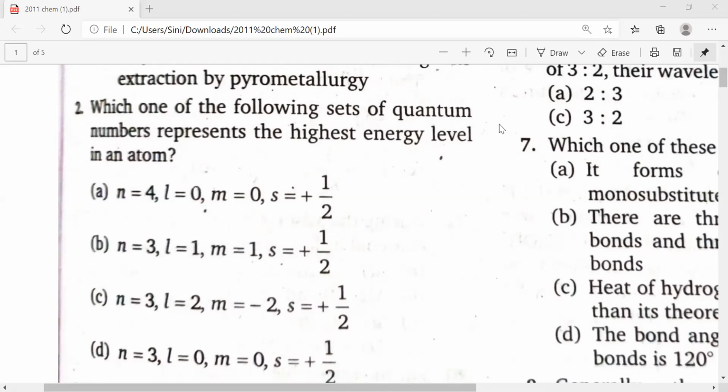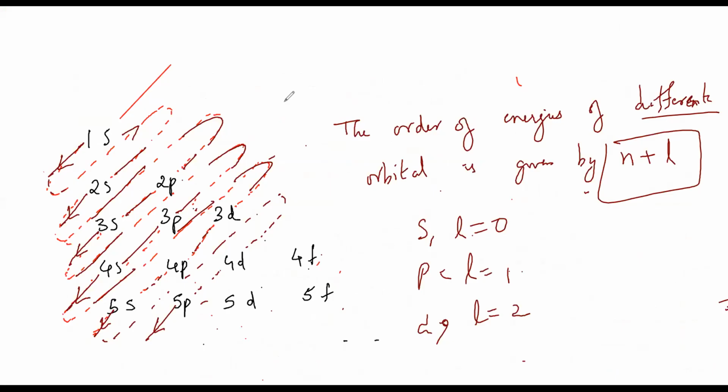So guys, I'll tell you this thing. Before going to this, the question here is what? Which one of the following sets of quantum numbers has the highest energy level in an atom? Highest energy level in an atom. Correct? Just now what we learned? The order of energies of different orbitals.